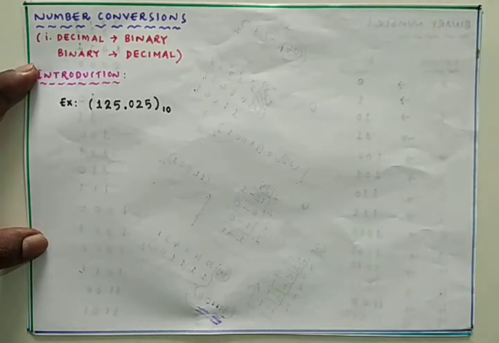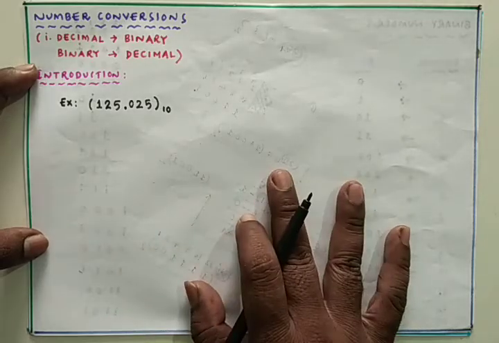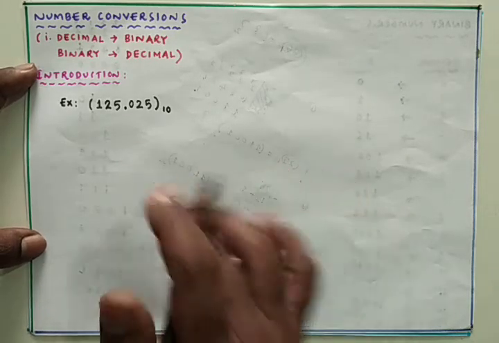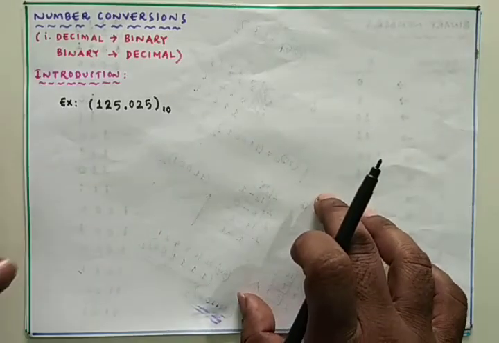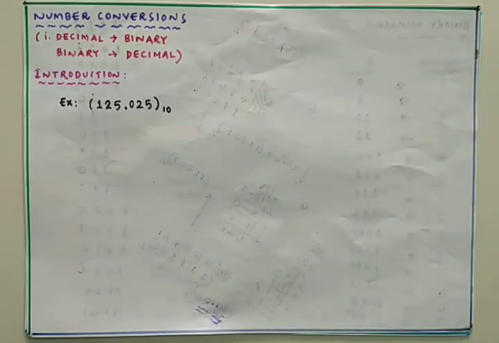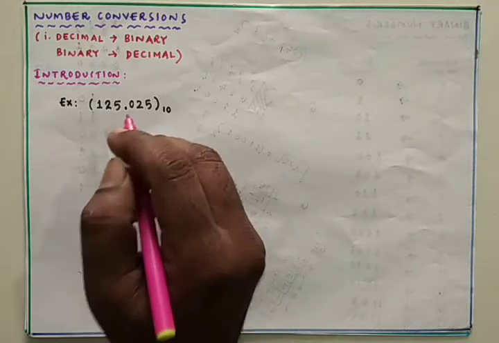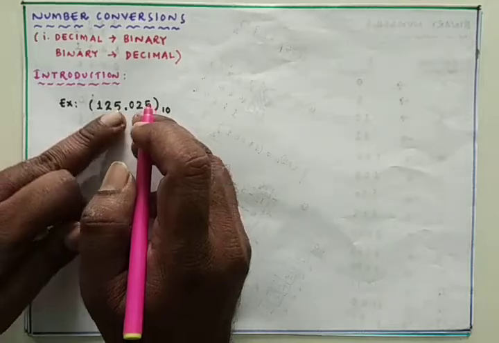Now we have to convert that number into the equivalent binary form. It has an integer part as well as a fractional part, so we have to make use of a separate method for the integer part and the fractional part.